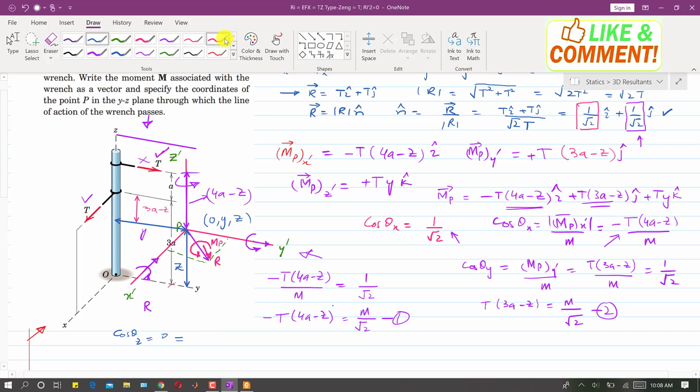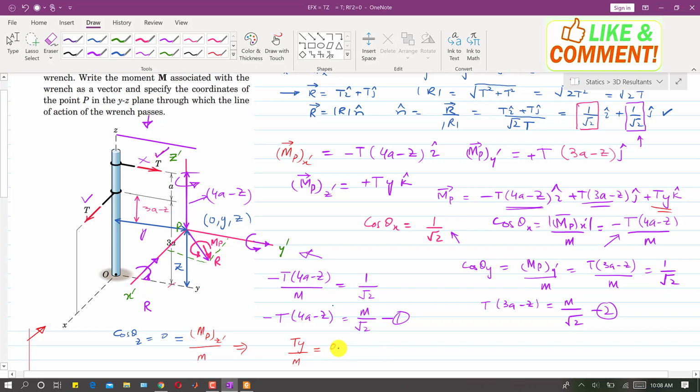So it will be MP z dash magnitude divided by the M magnitude. So this is ty, so we will write ty divided by M, the magnitude of the wrench, the couple, equals 0.